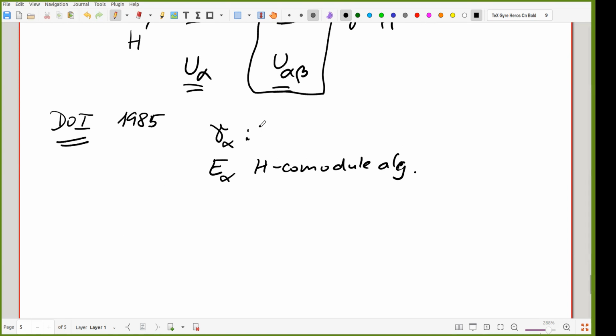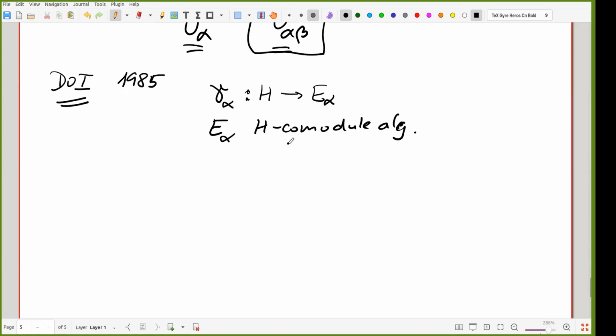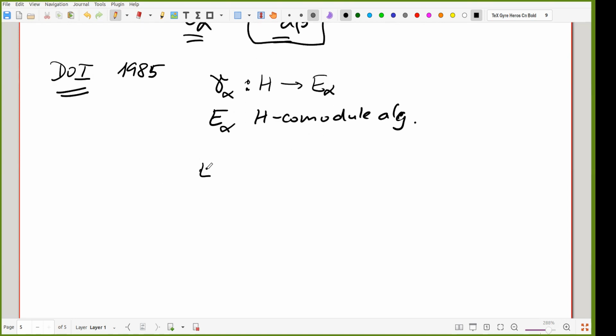So if you have gamma alpha from H to E alpha, then you consider this E alpha coinvariants, and you tensor them with H. There is an isomorphism of vector spaces with E alpha.